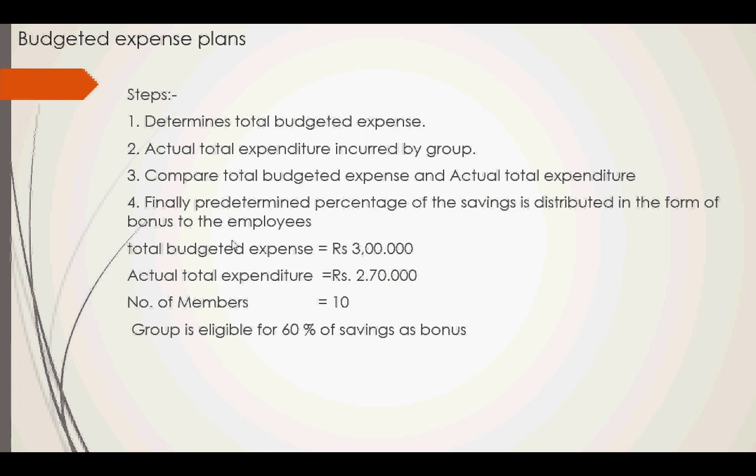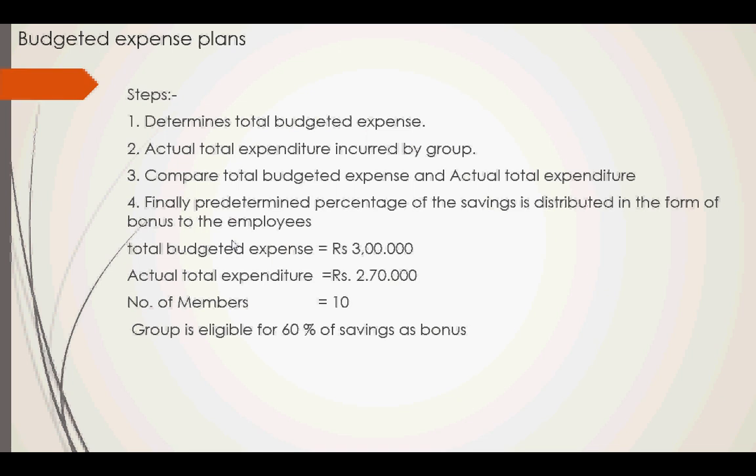Extra 2 lakhs have been saved. That is, we are going to compare the total budgeted expenses with the actual total expenses incurred by the group. Finally, determine the percentage of savings to be distributed among the employees in the group.